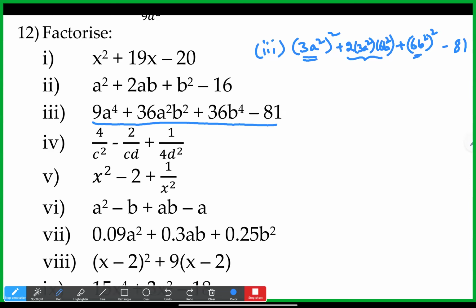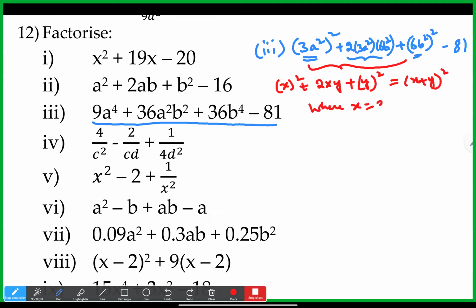Now clearly the first 3 terms are looking like x square plus 2xy plus y square, which is equal to x plus y whole square, where x is equal to 3a square and y is equal to 6b square.